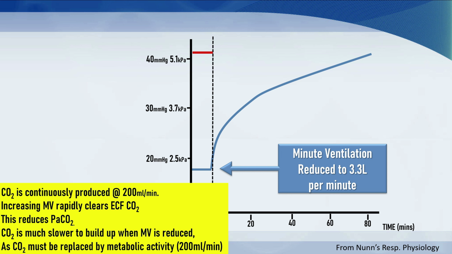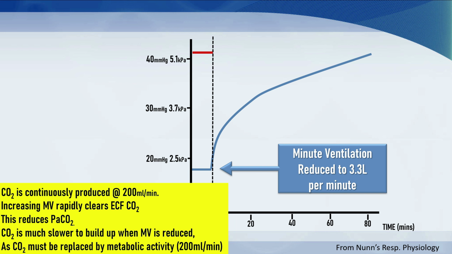So increasing the minute ventilation rapidly clears extracellular carbon dioxide, and that reduces the partial pressure of CO2. But once the minute ventilation is reduced, it's much slower for CO2 to build up, and this is quite predictable. So CO2 is replaced by metabolic activity. It just doesn't build up as quickly as it goes down.